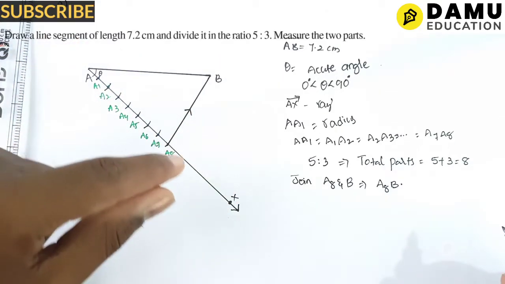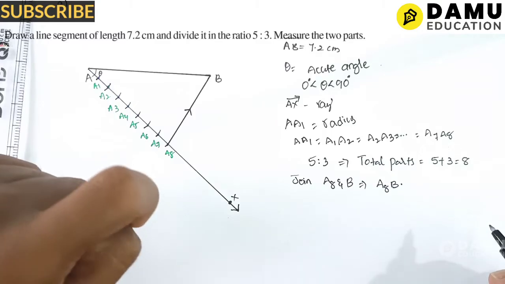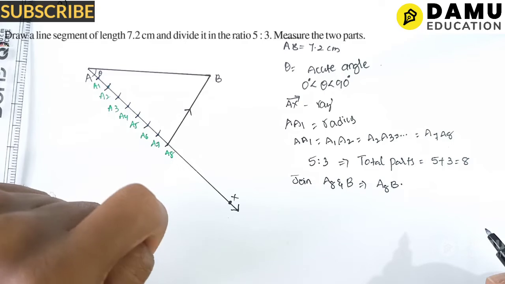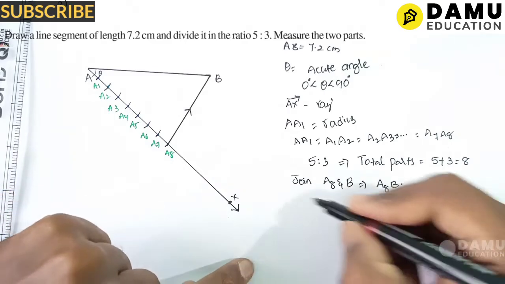So now draw a line parallel to A8B, intersecting AB. By Thales theorem, what can we write?